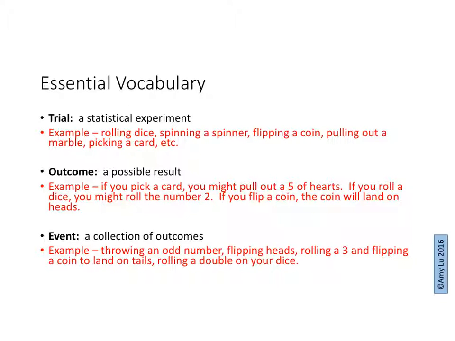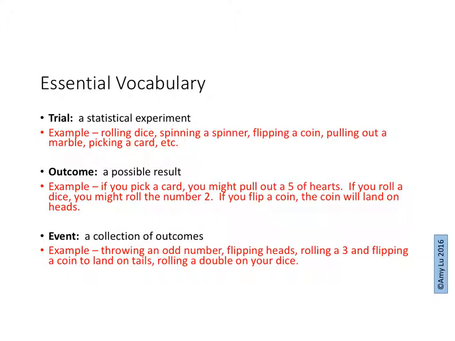So if you pick a card, you might pull out a 5 of hearts, or you might pull out a joker. If you roll a dice, you might roll a number 2, maybe you roll a number 6. If you flip a coin, maybe the coin lands on heads, maybe it lands on the other side, which is tails. So those are outcomes, possible results. An event is a collection of outcomes.